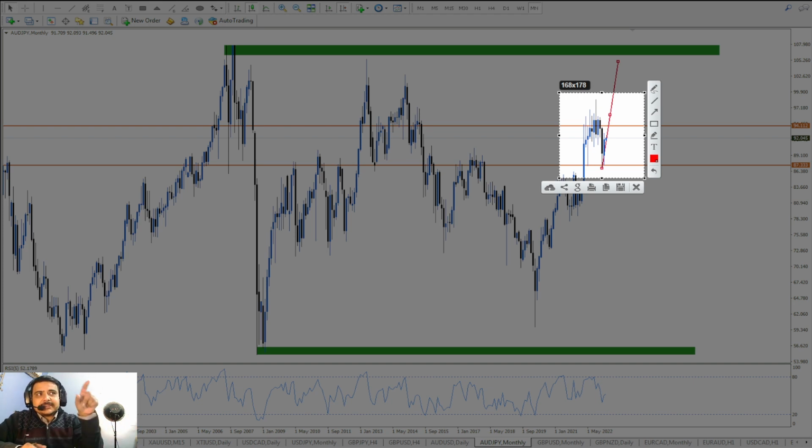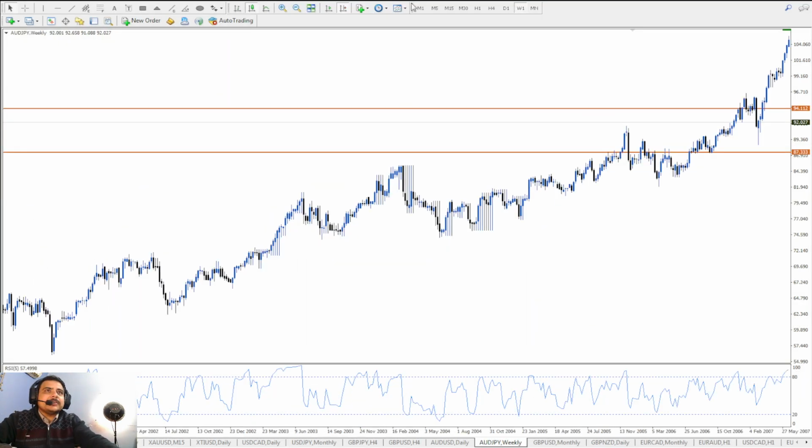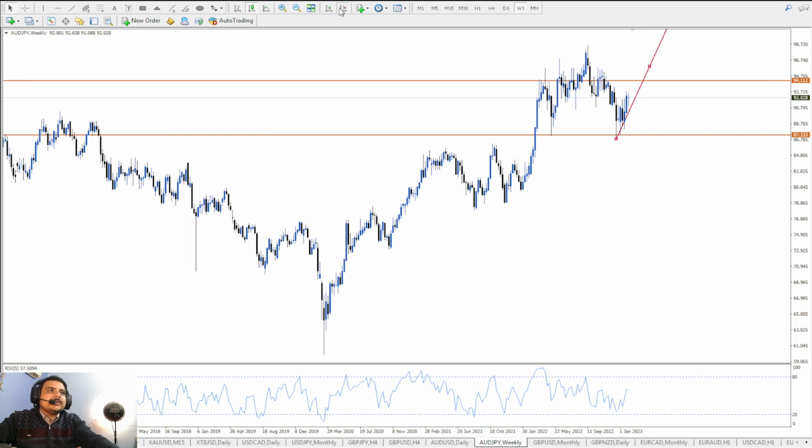A lot of trades in just one single move, and I will be showing it to you right now. Now I know my levels, especially for the weekly. It's going up, just like gold and those other pairs. It's showing an up move.